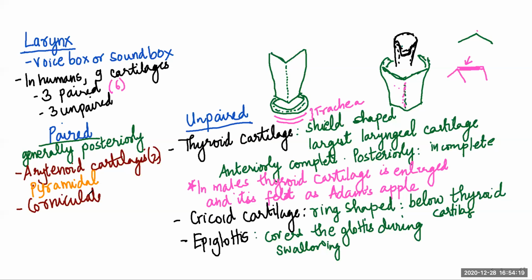Corniculate का मतलब horn shaped और pointed. Horn कैसा होता है? वैसा. Corniculate cartilages which are again paired. This was discovered by a gentleman called Santorini. So corniculate cartilages are also called cartilage of Santorini.